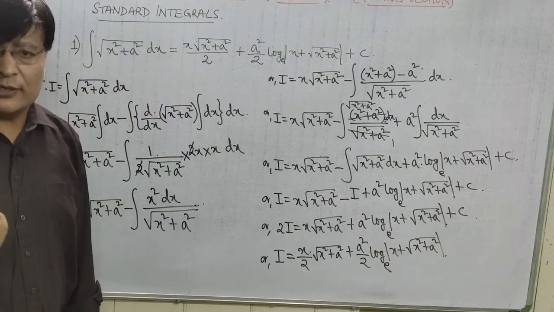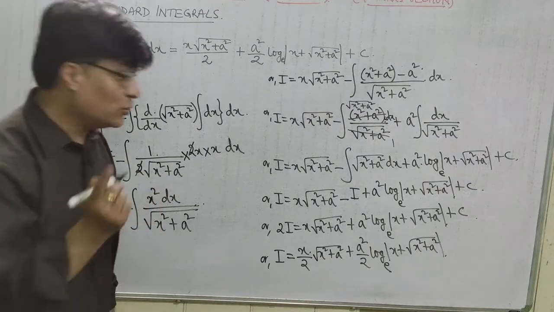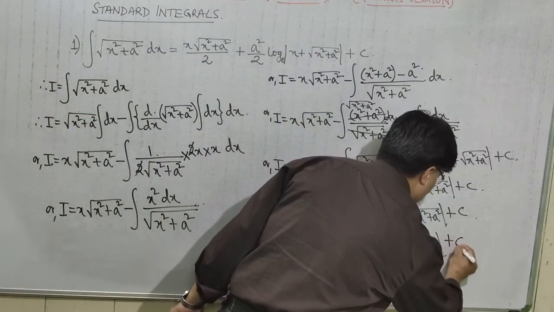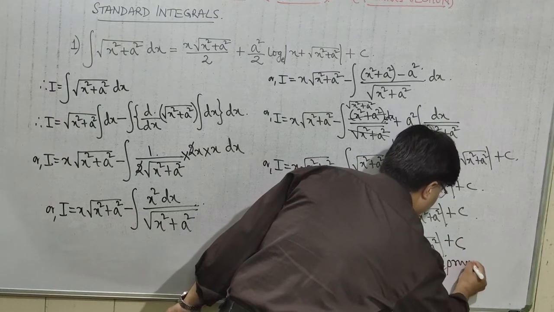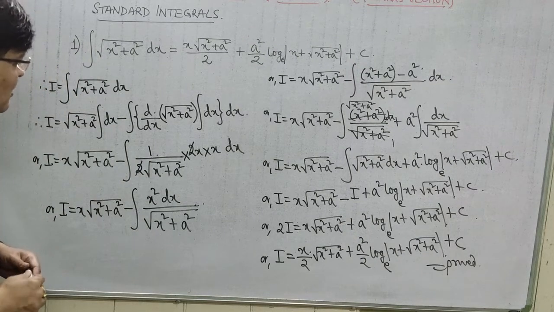But what is c by 2? That is your c, because c is also constant, 2 is also constant. You don't have to write c by 2, but you can write it as plus c. So it is proved. So you have to remember this formula. That is your first standard integral.